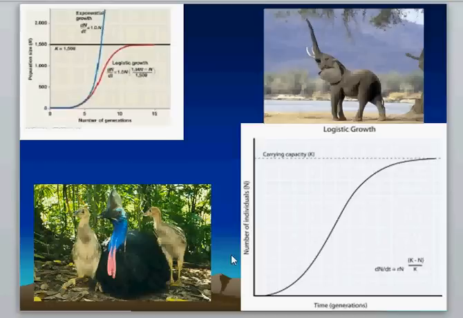One characteristic of both these species is that they are quite mobile on the landscape. So the elephants and the cassowaries can disperse and so lessen their density by emigration.